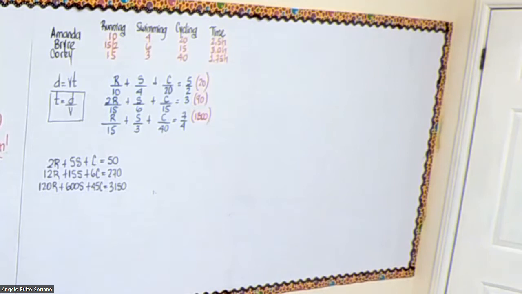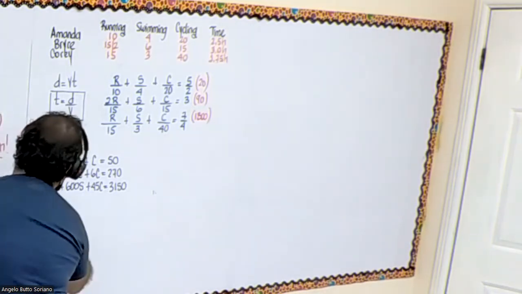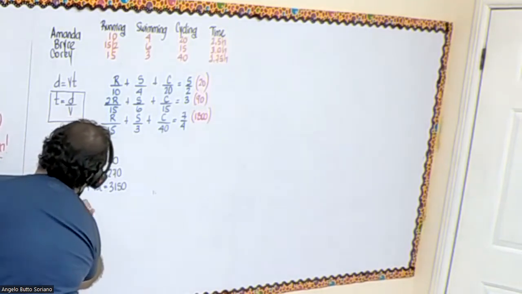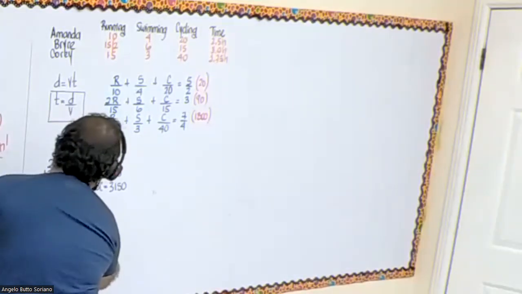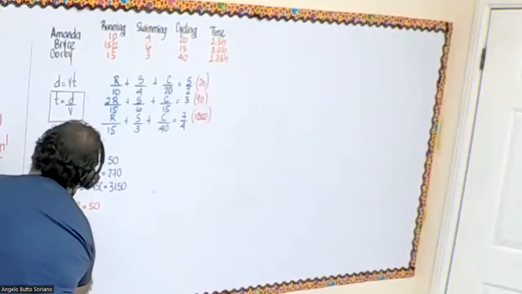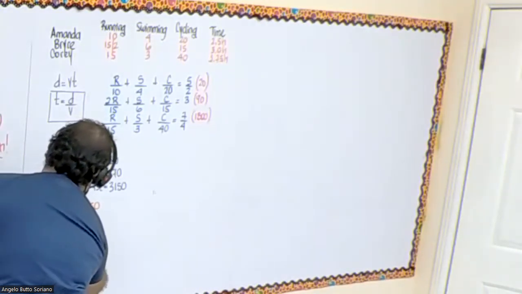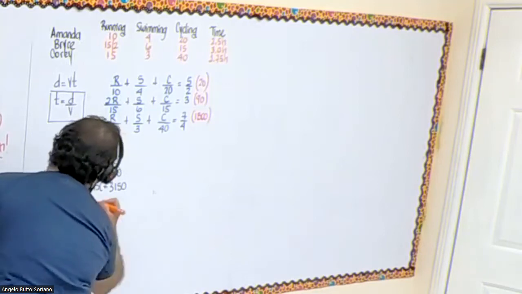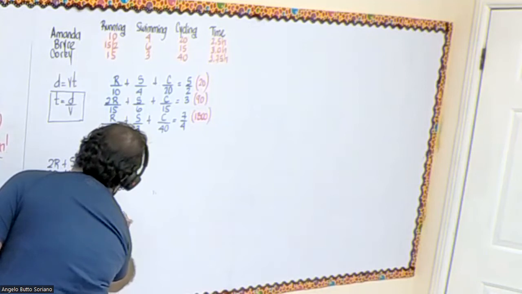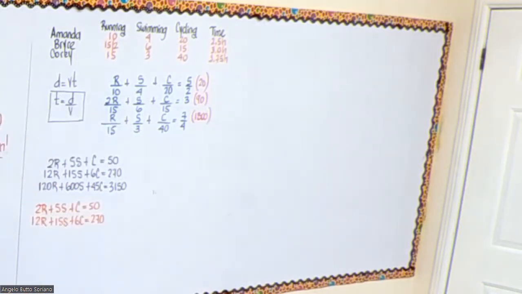So taking the first equation with the second one, we got 2r plus 5s plus c equals 50, over 12r plus 15s plus 6c equals 270. Okay, what are we going to do?